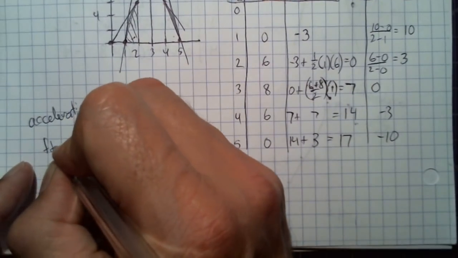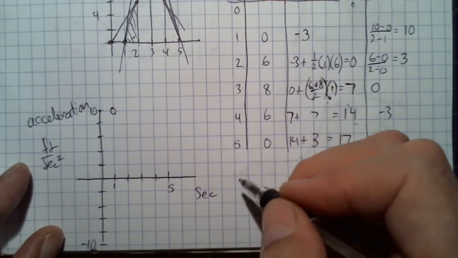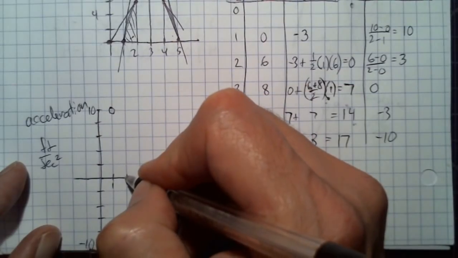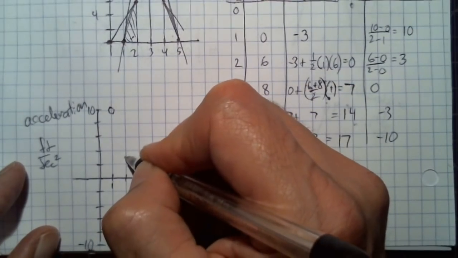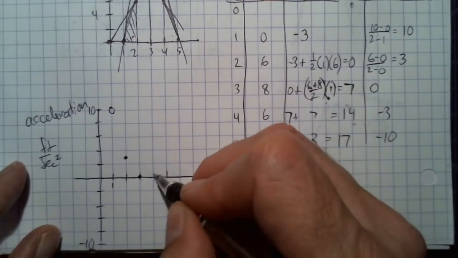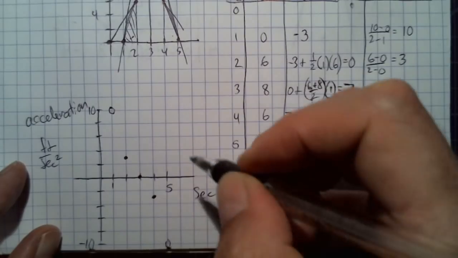This is in feet per second squared, seconds. At 2, we'll go to 3. 3 is at 0. 4 is at negative 3. 5 is at negative 10 with an open circle.